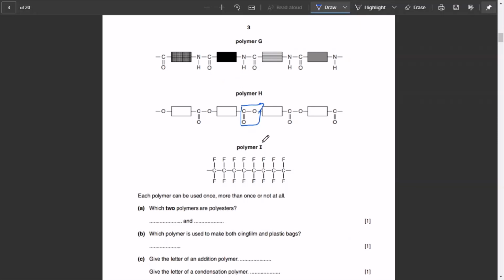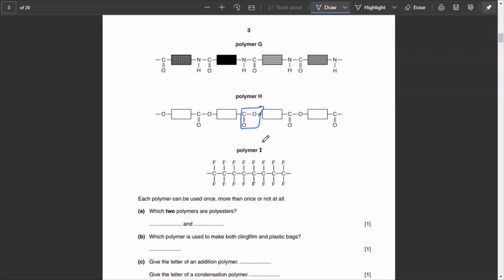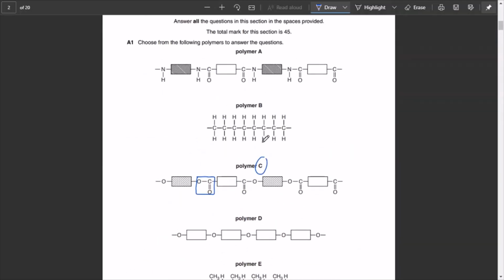Moving on to part B, which polymer is used to make both cling film and plastic bags? Cling film and plastic bags are usually the ones with carbon and hydrogen bonding. It's usually an addition polymer, the one with double bond.